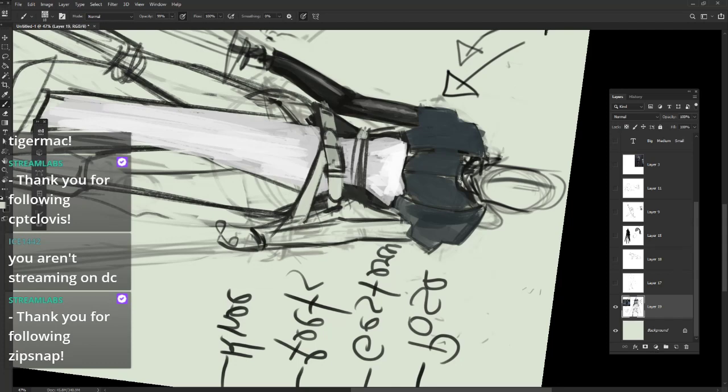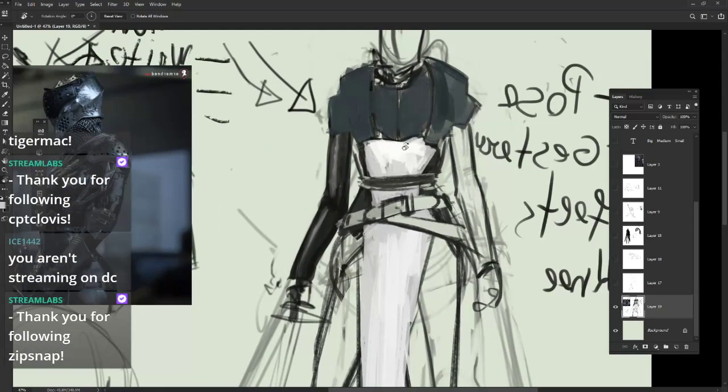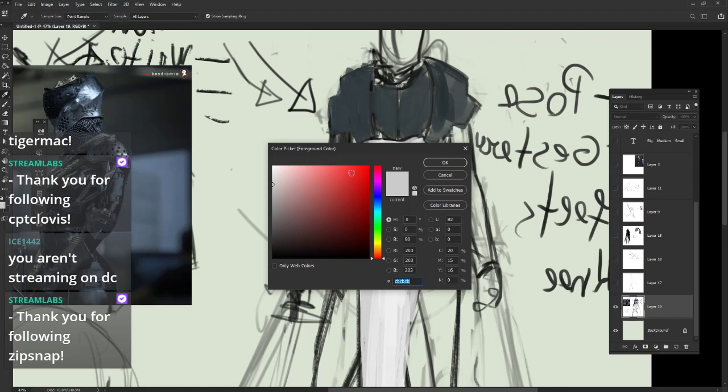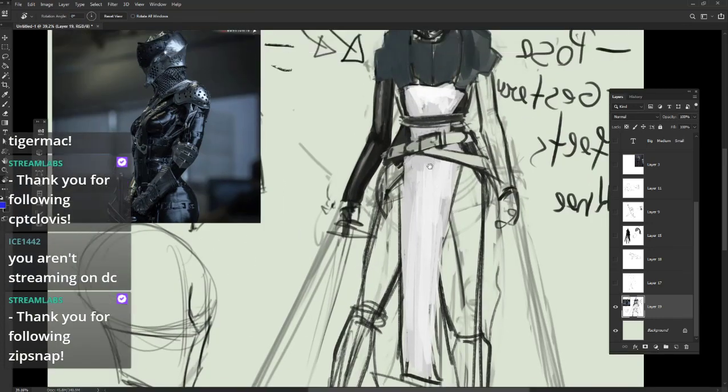Here's some things. And maybe I can actually add much more here. Another belt. It emphasizes a lot that this is a cape or something for knights. But I don't want to add a red cross. Maybe something else.